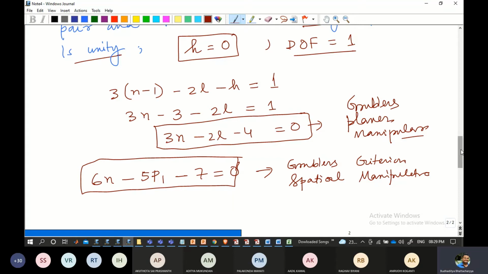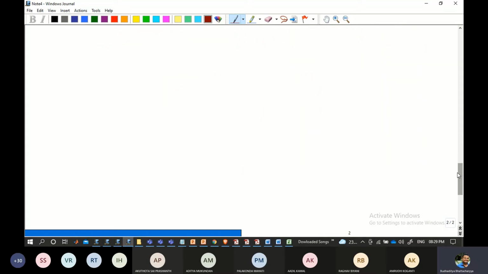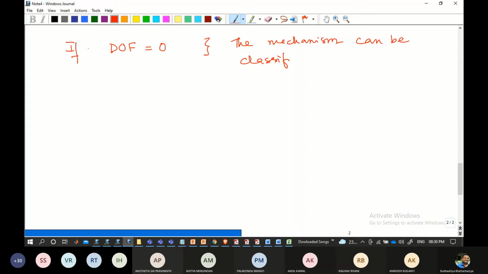Now, what is the conclusion finally we have drawn? After that, we'll go to numericals. The conclusion is that, from a mechanical engineering understanding, if DOF is equal to 0, then the mechanism, whatever it may be, can be classified as a structure.